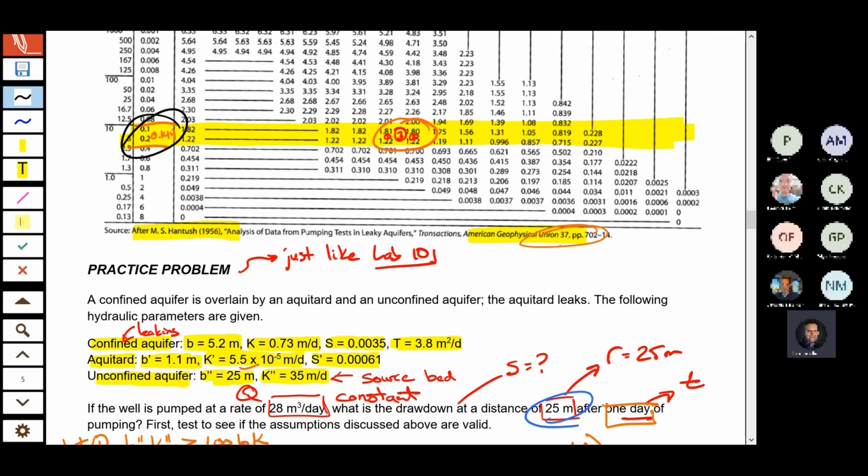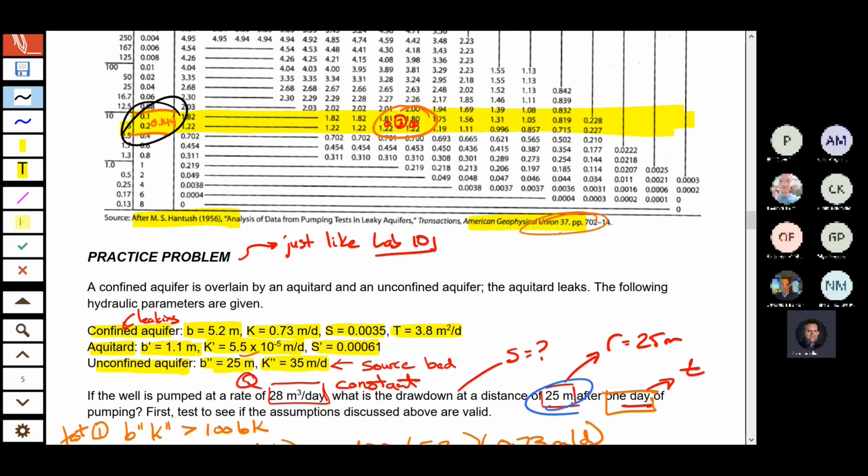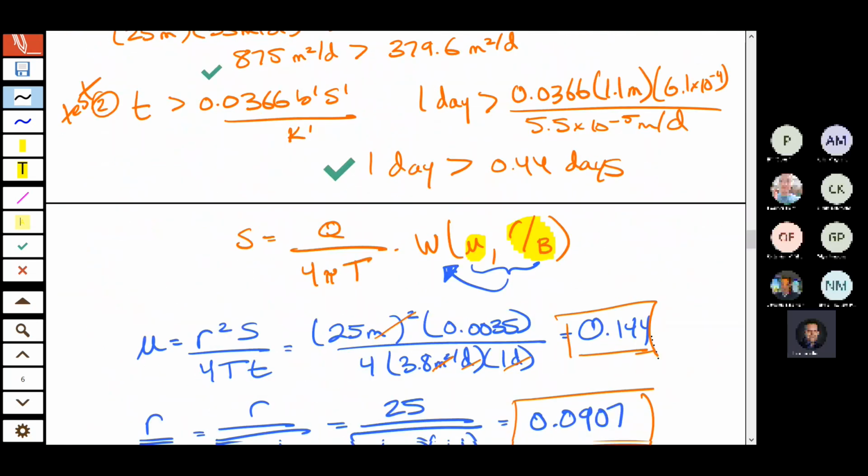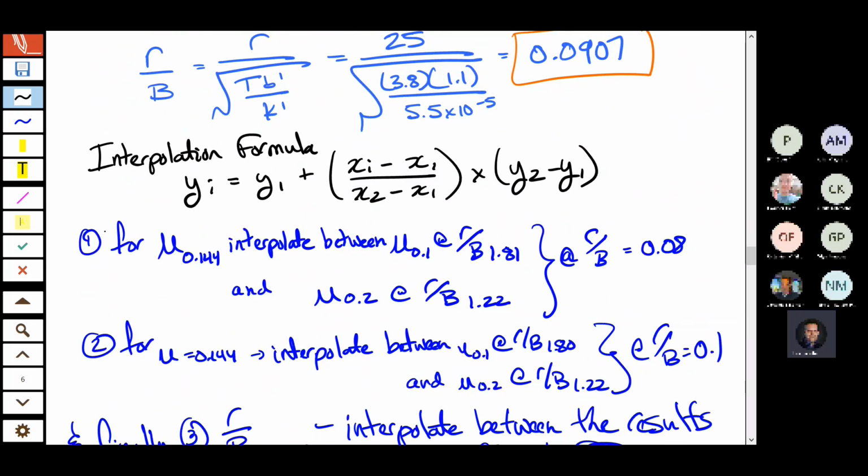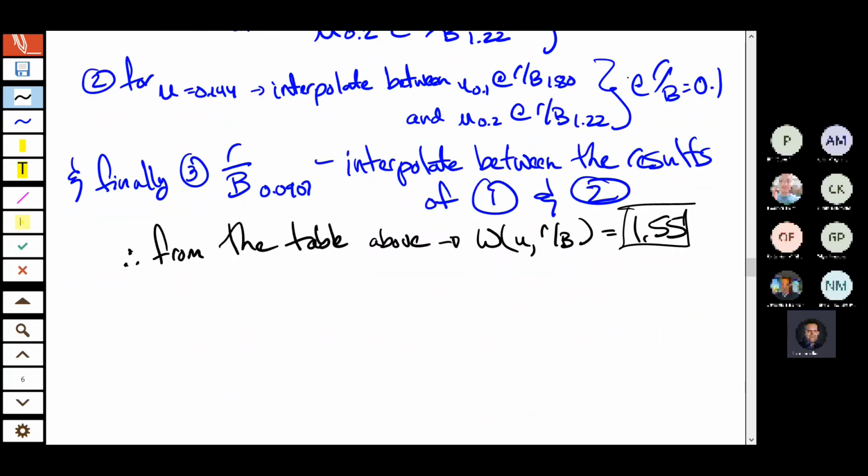Again, I could have probably estimated, I knew it was going to be around 1.6, but you don't know until you know, right? So you have to go through that workflow. And then once you have that result, boom, you're almost done. You already know that your drawdown is equal to your constant pumping rate divided by 4 pi transmissivity times your well function, which you've already calculated.